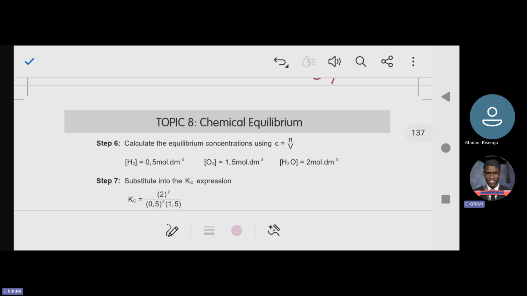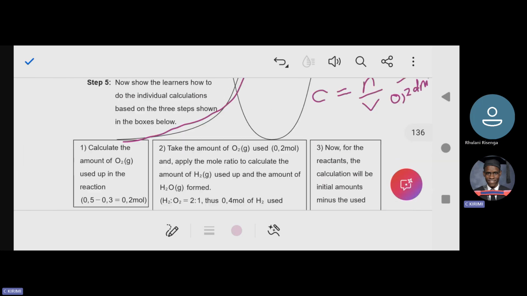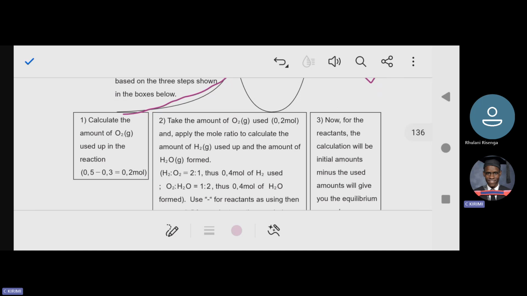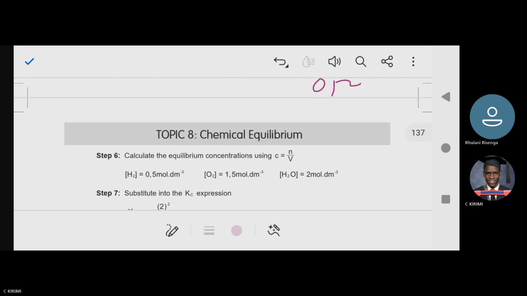Then you go to oxygen. You check the number of moles for oxygen at equilibrium, 0.3. So 0.3 moles, you divide by 0.2, which is just 3 over 2, which is 1.5 moles per dm³.